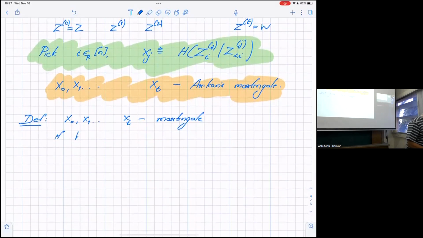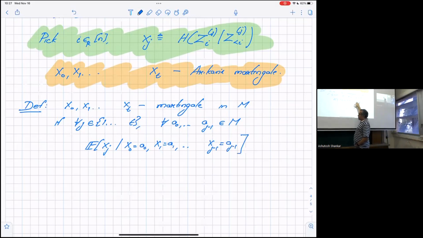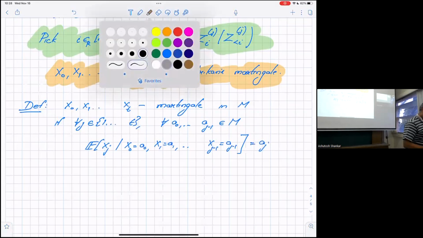If for all j in 1 to T, and all possible supports a0 to a(j-1), where each of the martingale's values lies in some set M, then the expected value of Xj given the entire past, that is X0 is a0, X1 is a1, up to X(j-1) is a(j-1), is just a(j-1). Given the entire trajectory you have taken so far, the expected value of Xj is independent of the trajectory; it depends only on the last point. This is when I call it a martingale.